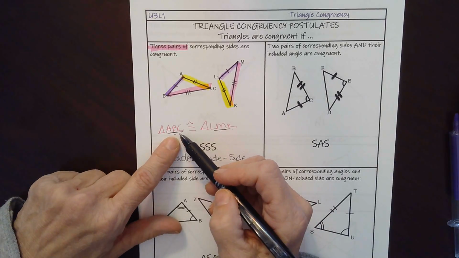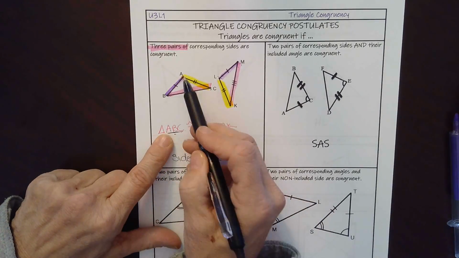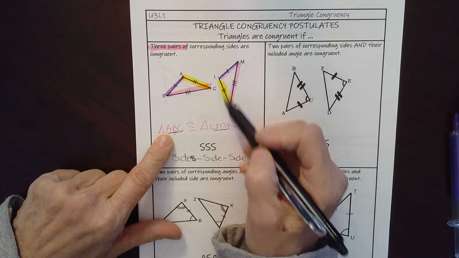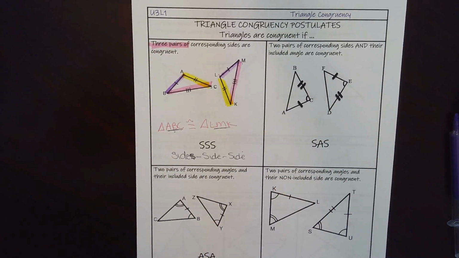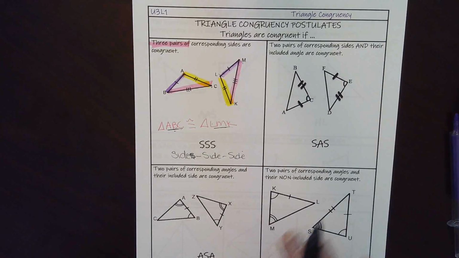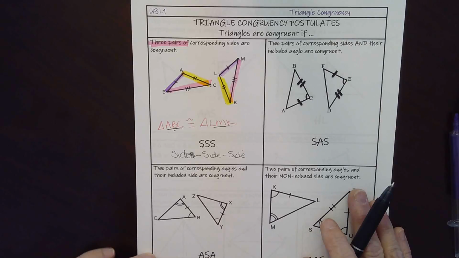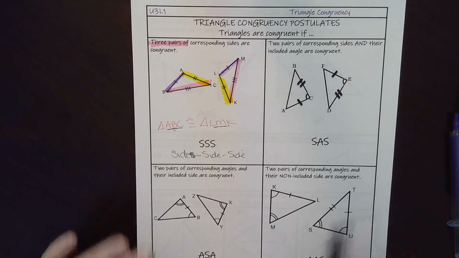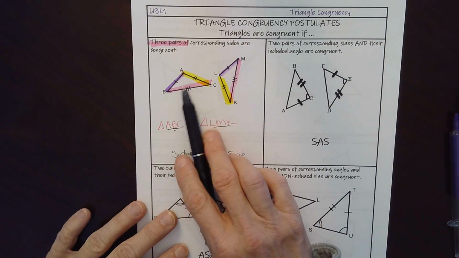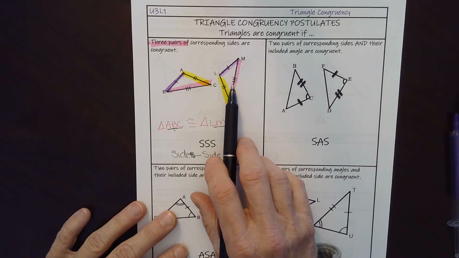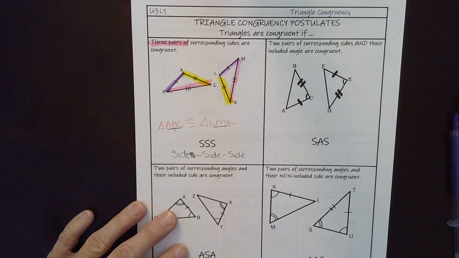And then AC is congruent to LK. So you can always check yourself to make sure that you've written the triangle correctly or named it correctly. So whenever you have three pairs of corresponding sides that are congruent, you know your two triangles are congruent.